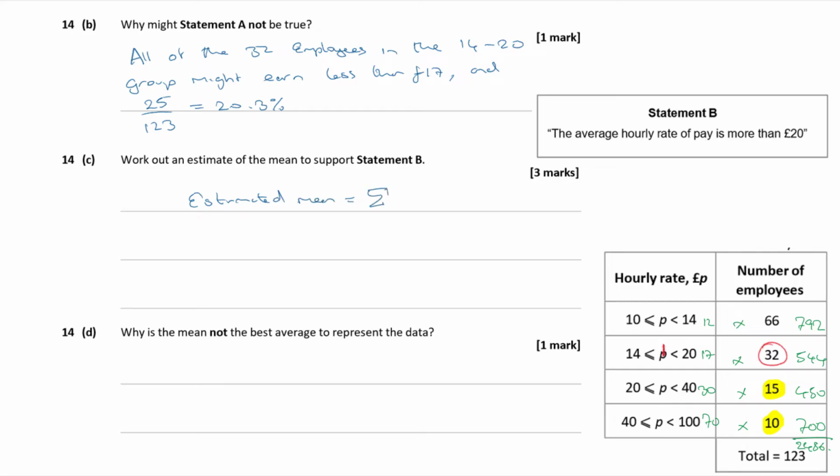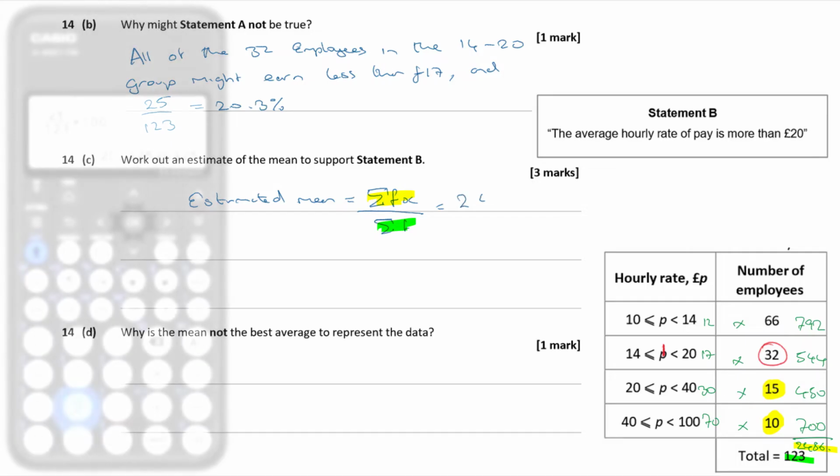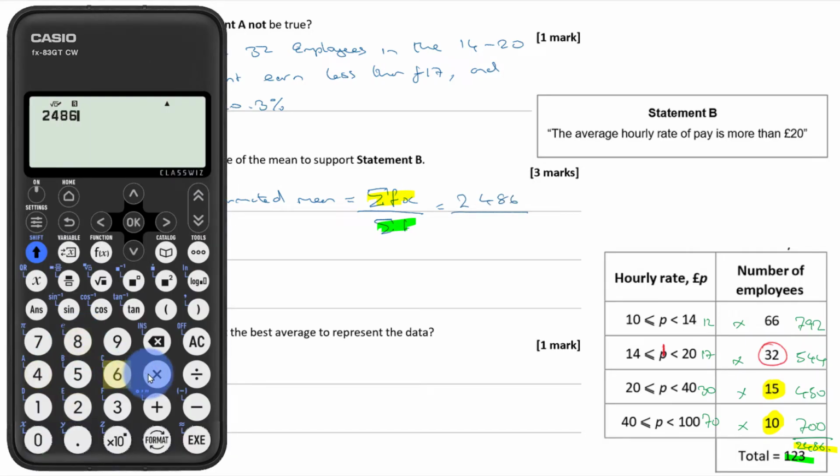Okay, so my estimated mean is the sum of the frequencies times the x values divided by the sum of the frequencies, which is, so this number here, look, is that one, 2486, and the sum of the frequencies, that's that one there, look, it's going to be 123. So that's 2486 divided by 123. That is roughly 20.2.